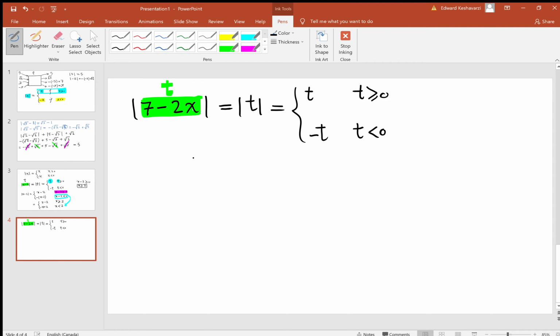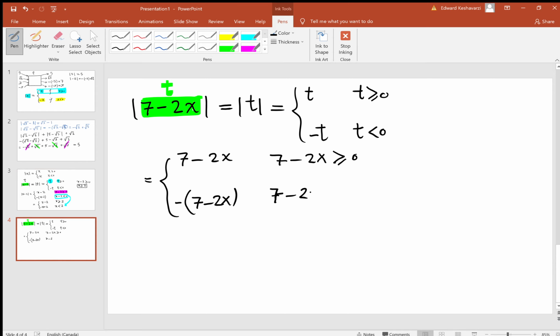Now we are going to replace t with 7 minus 2x. So 7 minus 2x as 7 minus 2x is larger than or equal to 0. Negative 7 minus 2x as 7 minus 2x is less than 0.